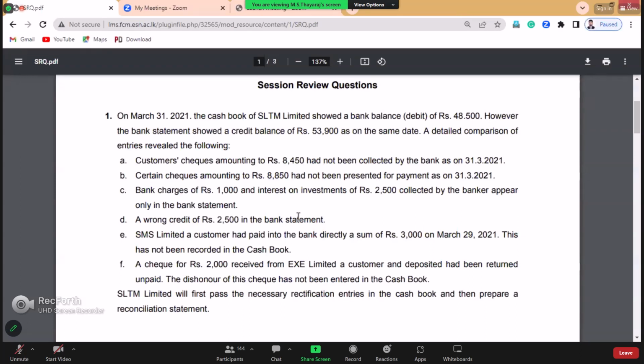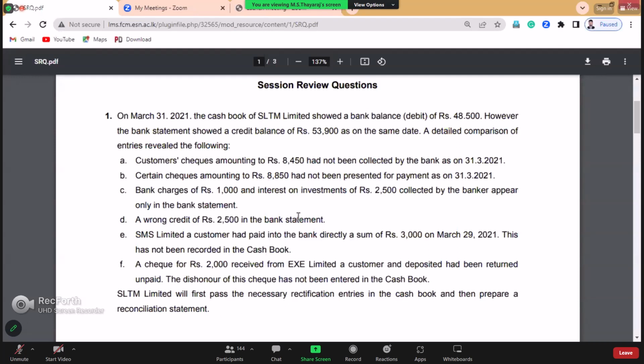One is unpresented checks. We wrote some checks for the creditors, but the creditors did not present them in the bank. Some creditors did not deposit them in the bank. So that is considered an unpresented check.